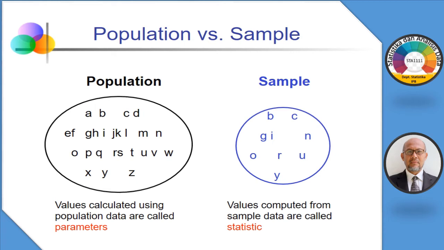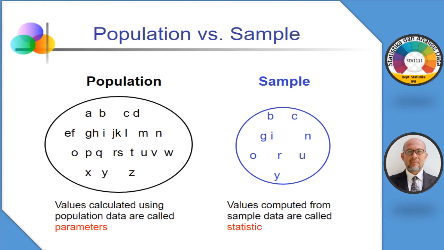This slide shows an easier understanding of population versus sample and parameters versus statistic. Population, you can see here, is the collection of the objects of our interest, and the sample is some of the population.